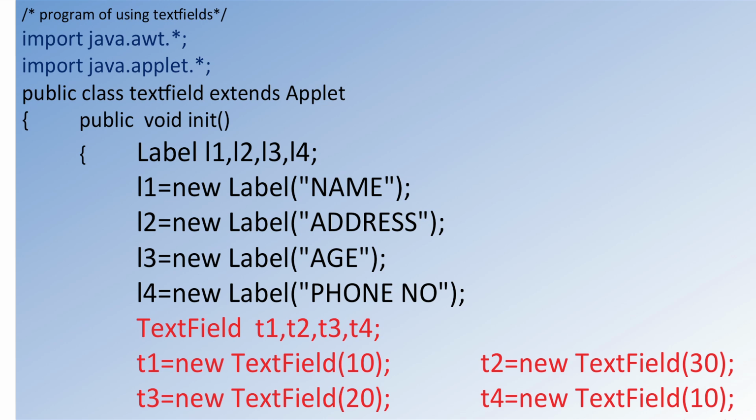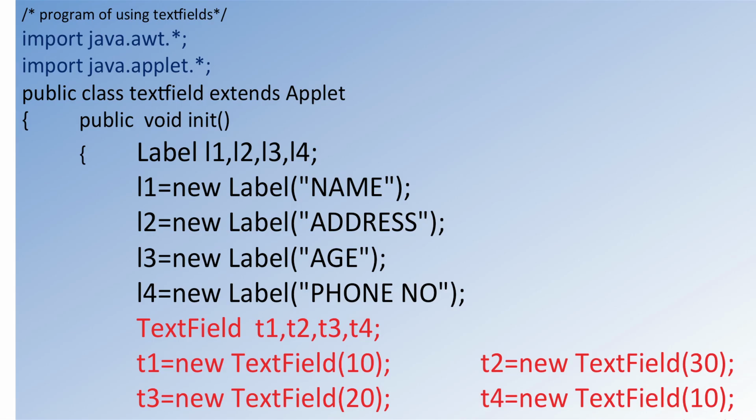So in front of L1 we will place this T1 text field, and we have provisioned here 10 characters for the name. Second is T2, another text field, and in this text field we will write the address because its size is 30.